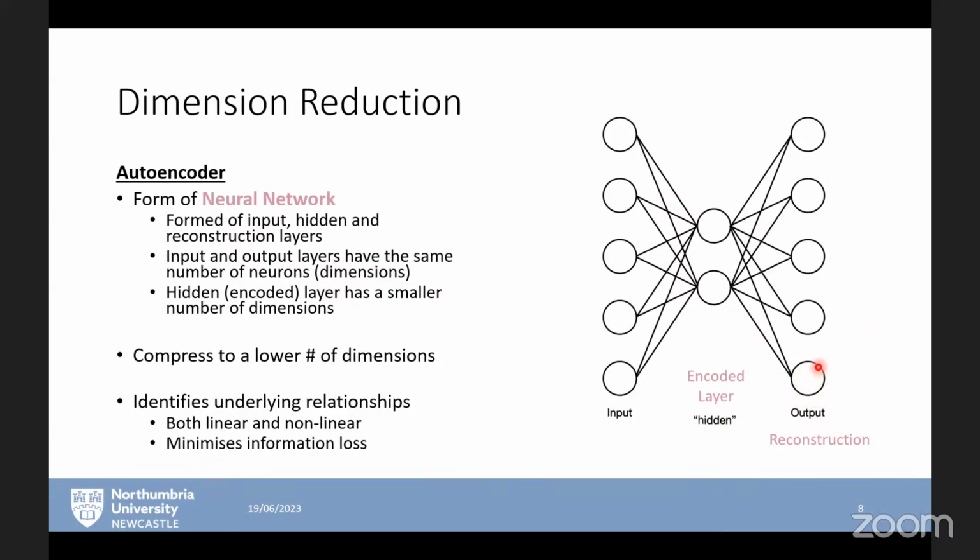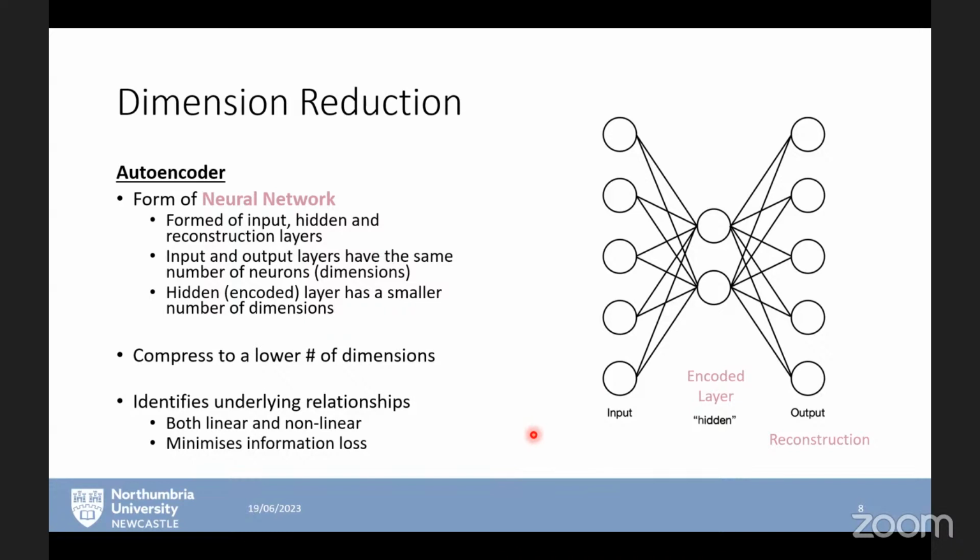Each one of these circles represents a neuron, and in our specific case, each neuron represents one of the 204 dimensions. You'll notice our input and output layers have the same number of dimensions, and this is because the reconstruction is a direct replica of the original input data, solely formed on the information from the encoded layer. And our encoded layer is what has our lower number of dimensions and how we compress our data.